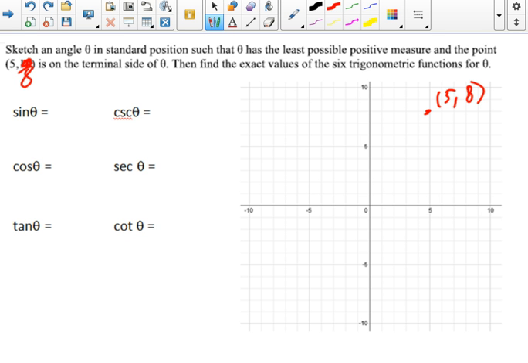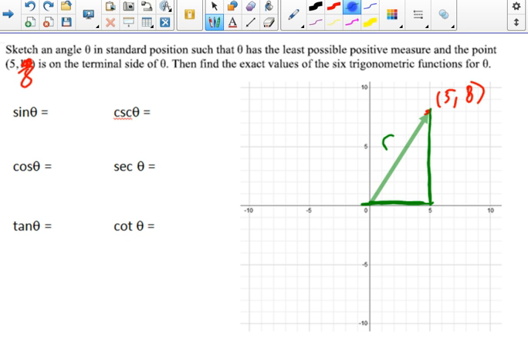If I'm going to use that point, then what we're going to imagine here is a ray or a line that goes from the origin to that point, like so. And we're also going to envision the triangle that goes along the x-axis, and then up like this. The r, the hypotenuse, is this length.